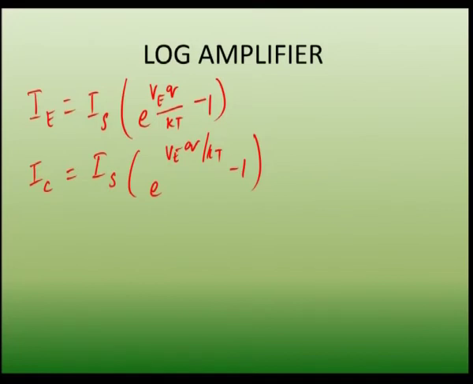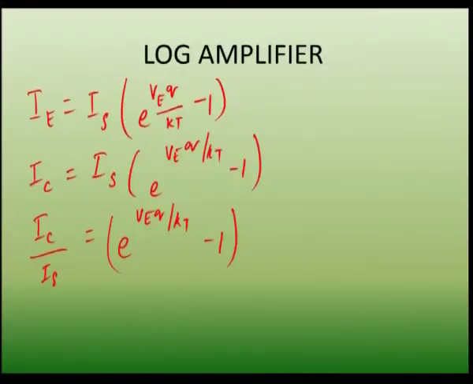So, we have seen all these parameters in the previous slide. So, this is again rewritten as IC is equal to IS e power VEQ by kT minus 1. Again, if this 1 comes here, so IC by IS minus 1. When you compare this IC with 1, this IC by IS is very high.